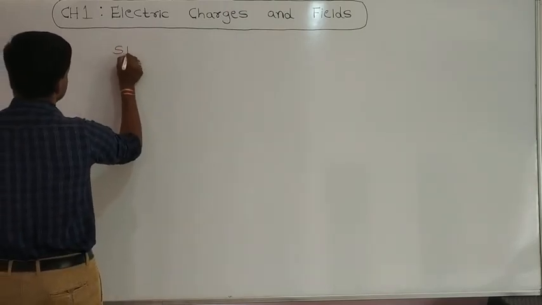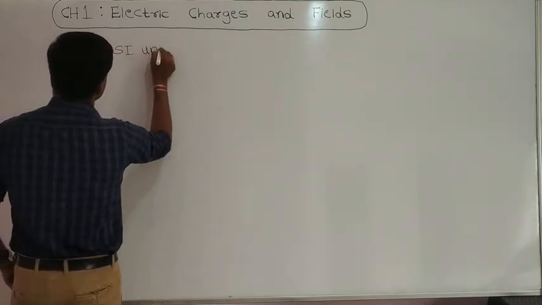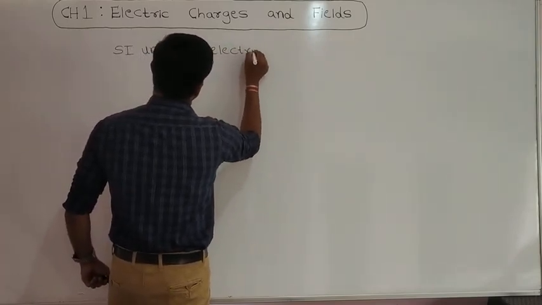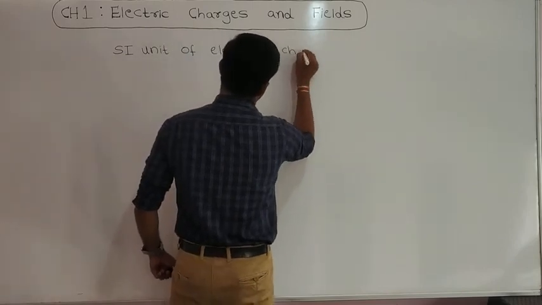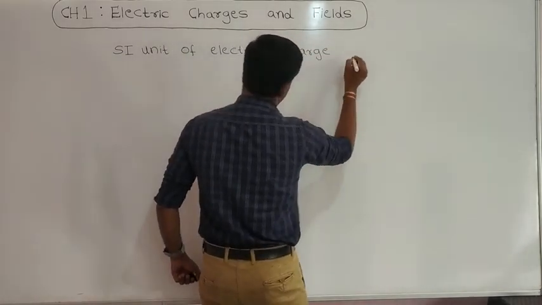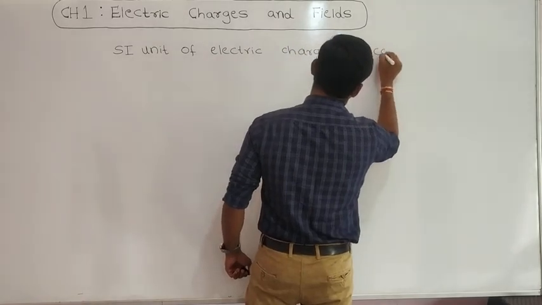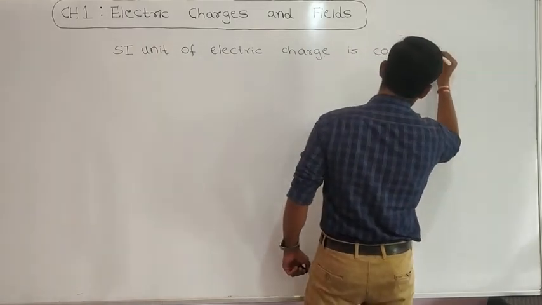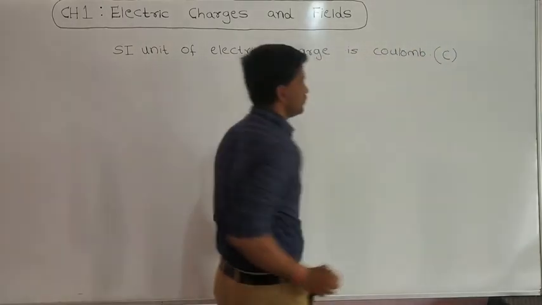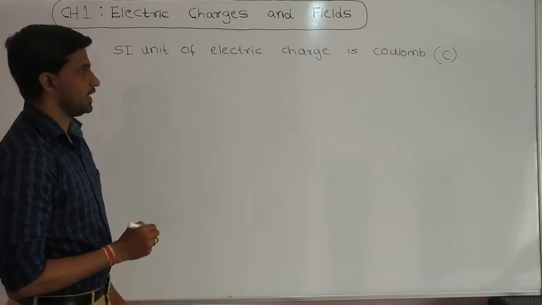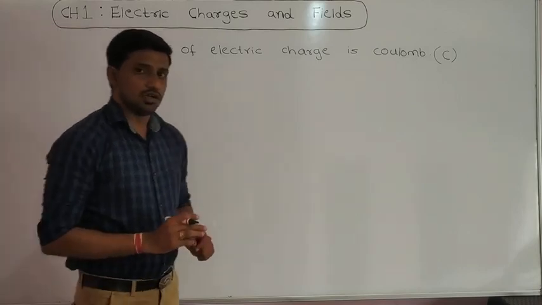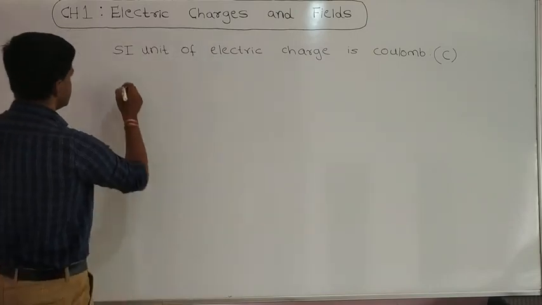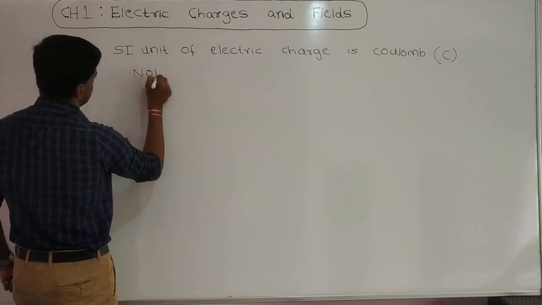The SI unit of electric charge is coulomb, and it is denoted by the letter C. That is the SI unit of electric charge. In general, we denote electric charge by the letter Q. That is the notation of electric charge.